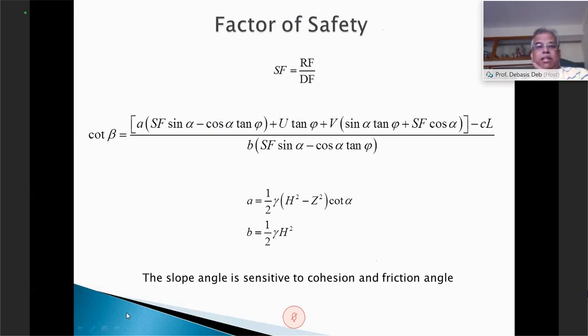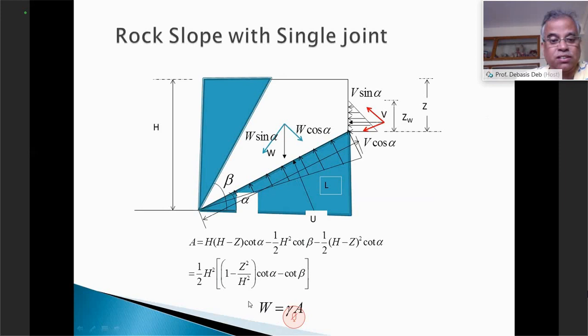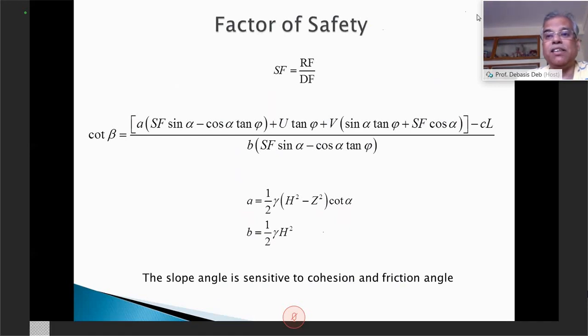Now SF becomes resisting force over driving force, and I told you this is the driving force, this is the resisting force. Now W को replace करना है by this equation. W replace करके you can find the equation of cot beta similar like that. Is this, where A equals this and B equals this.